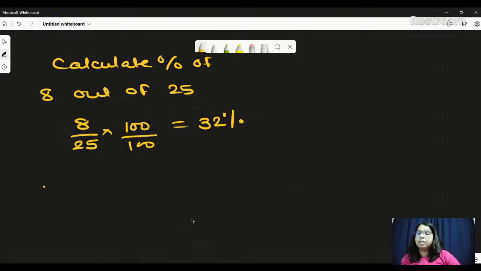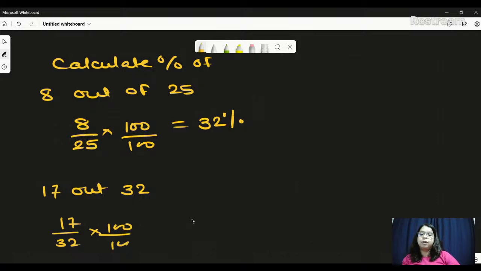Okay, second one, let's say 17 out of 32. So again we have 17 on 32 multiplied by 100 over 100. So that is going to be 1700 over, or you can just convert 17 by 32 into decimal.